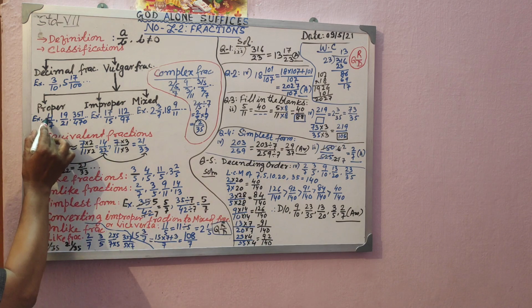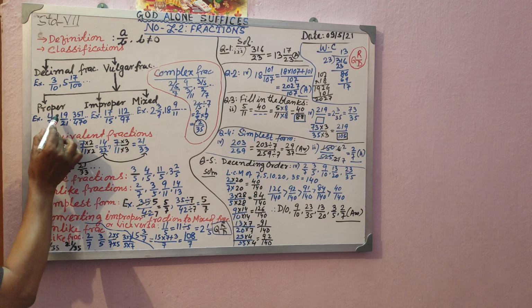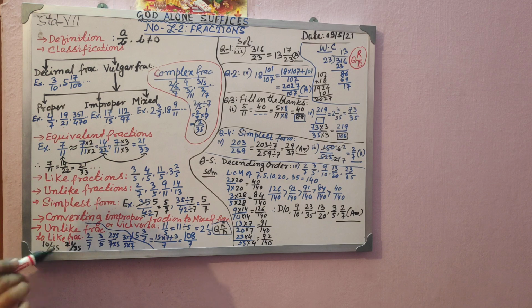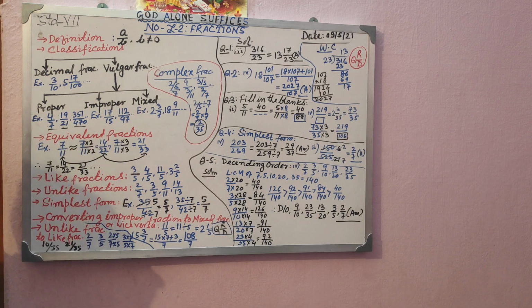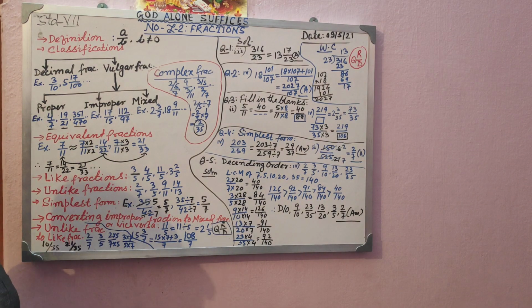See all these cases, two numbers you consider. One is 4 and another is 7. Here 7 is greater. 19 and 21, 21 is greater. 351 and 470, again 470 is greater. That means the bottom number is greater. When the denominator is greater than the numerator, those fractions are called proper fractions. That you can conclude.